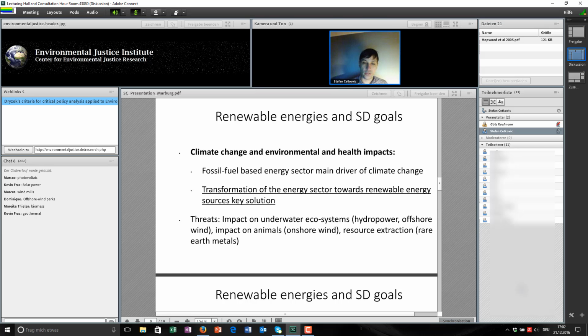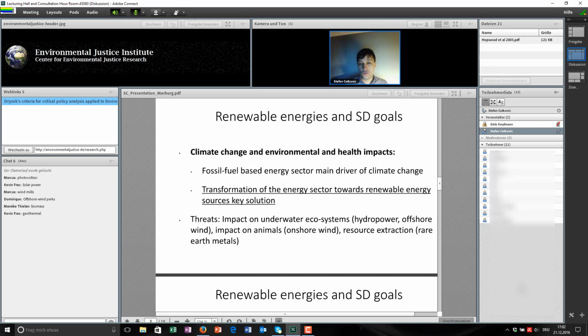And then we have also impact on animals. The example of onshore wind and birds is quite often pointed out as an argument against onshore wind, which is the argument that development of onshore wind threatens animals and particularly birds.